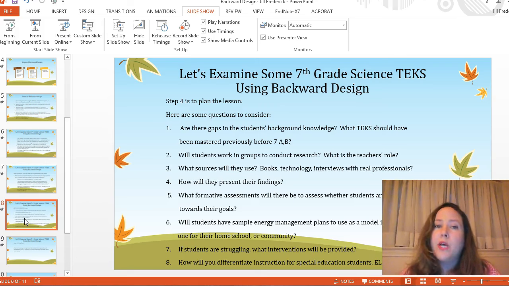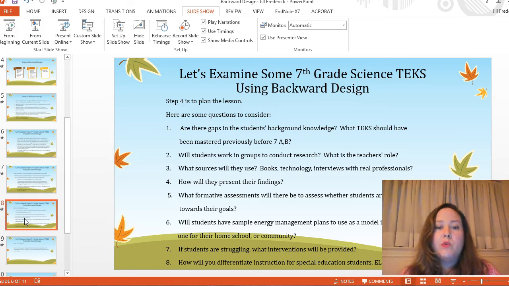You might have to go down to 6th grade and look at the previous TEKS that would build into these TEKS and see, is there any reteaching that you need to do before the unit gets started, that you can fill in some of those gaps and actually make the unit go more smoothly just by going back and seeing the previous TEKS that align with these.